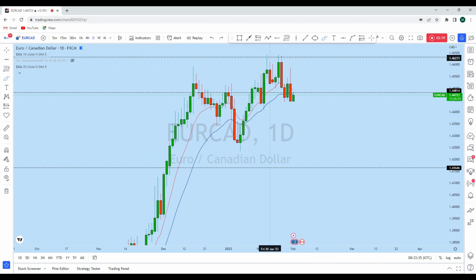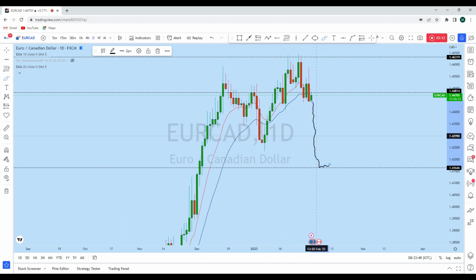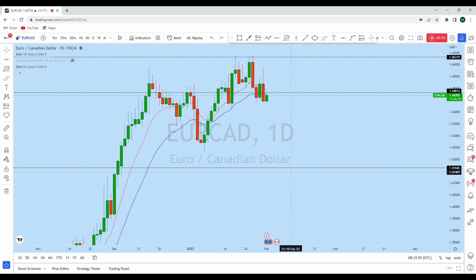So, as it has formed a head and shoulders on the daily, we could potentially see a break of this support and at least a move to this level, creating a new lower low at the minimum Fibonacci level on the weekly perspective. So weekly, monthly, and daily are giving us a strong bearish setup on EURCAD.